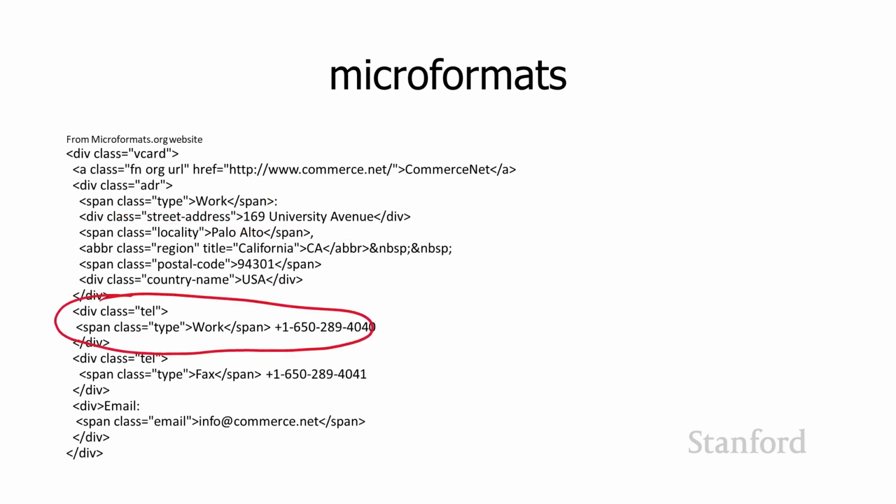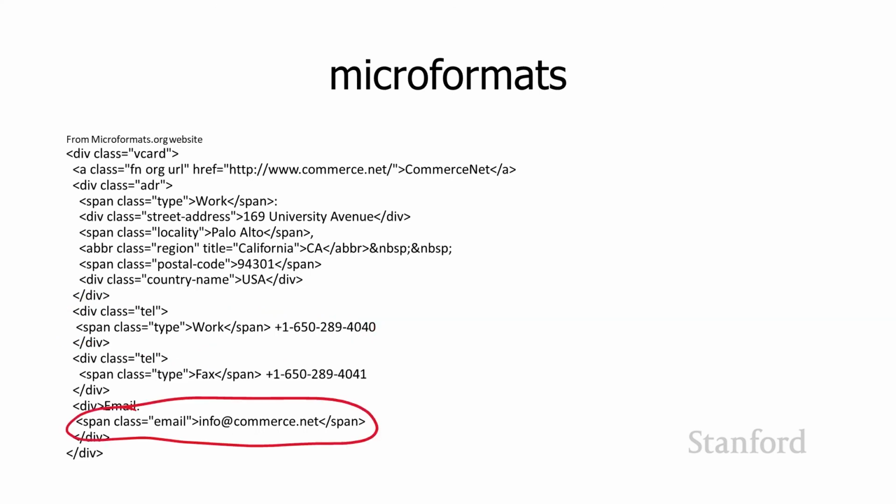Similarly, there's a postal code, there's a telephone number, there's an email address. These are all things that don't have HTML tags associated with them. We will discover later there is an email tag for a form entry where people can type in an email. But in general, things like the postal code, the country name, the telephone number, and presenting the email as opposed to entering the email into a form do not have HTML tags.